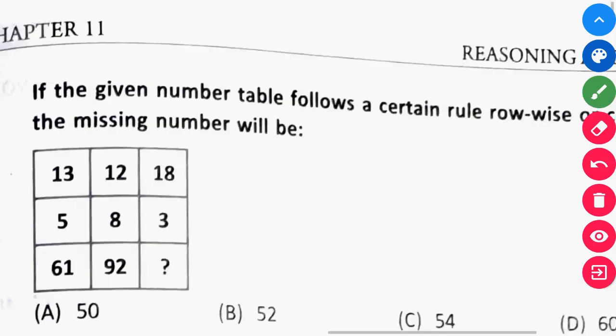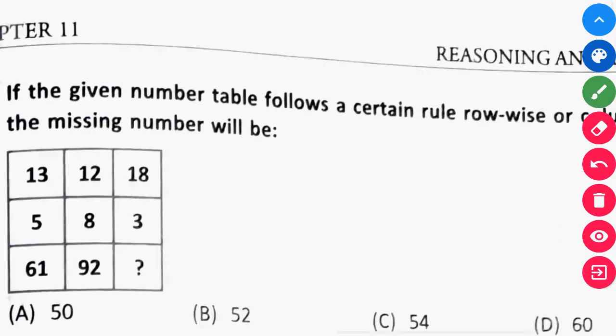Not every time will subtraction and table patterns be there in the pattern, but we have to trigger our mind and think in multiple ways.